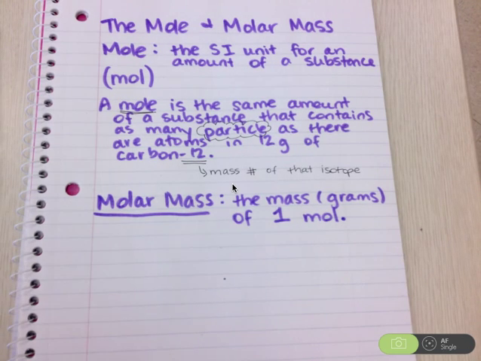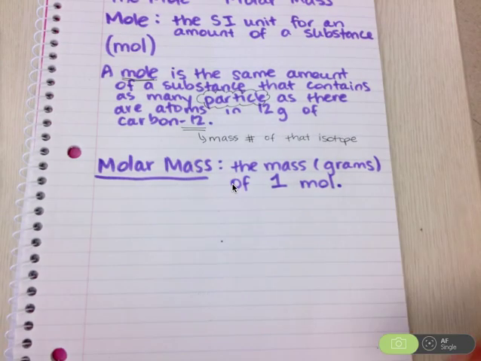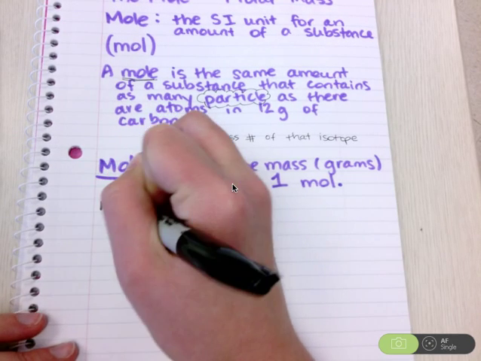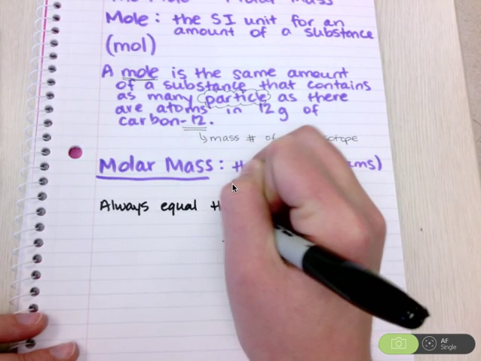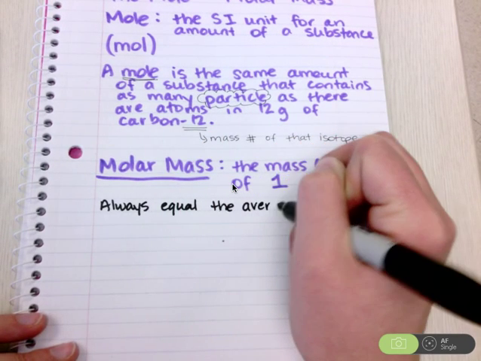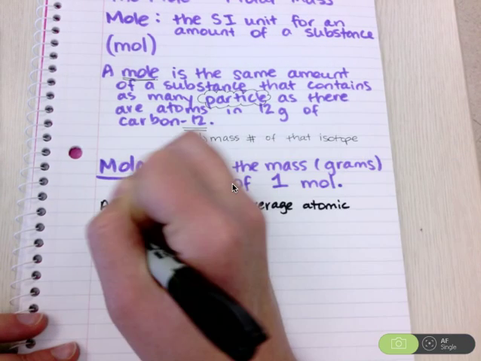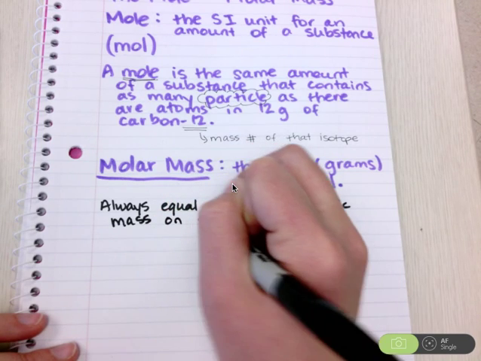Molar mass is really, really simple, okay? So don't overcomplicate it. The molar mass is always equal to the average atomic mass on the periodic table.